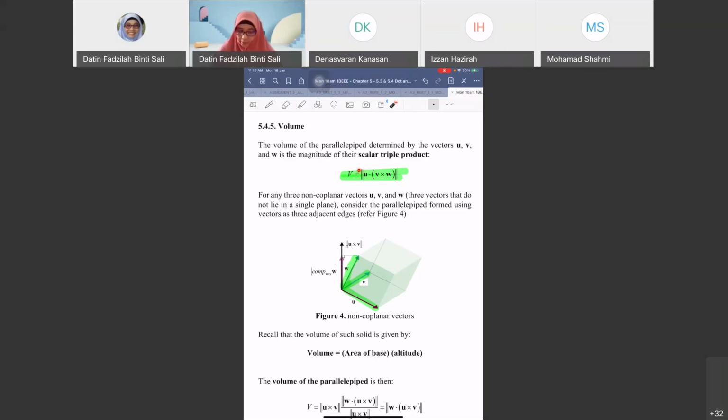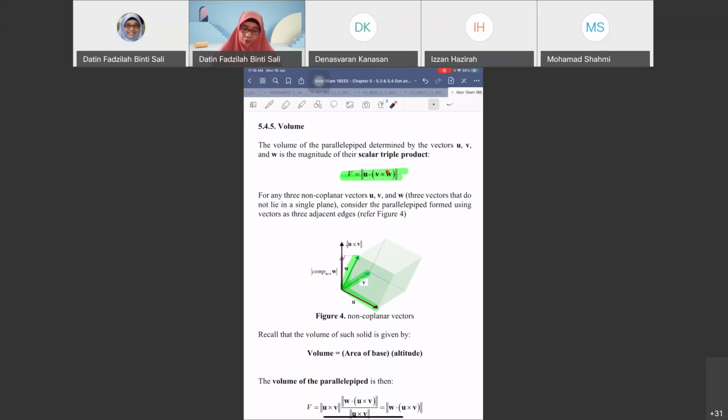Now this magnitude here also refers to an absolute value. You can regard this magnitude as your absolute value. That means inside, because of the dot, definitely you will get a number. When you dot this vector u with another vector from this cross product, you will get a number.